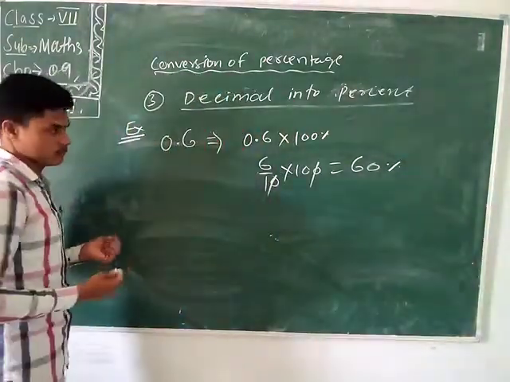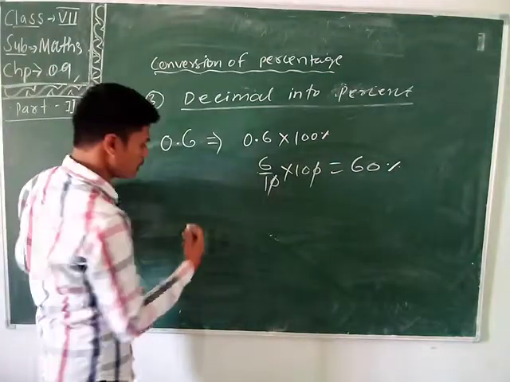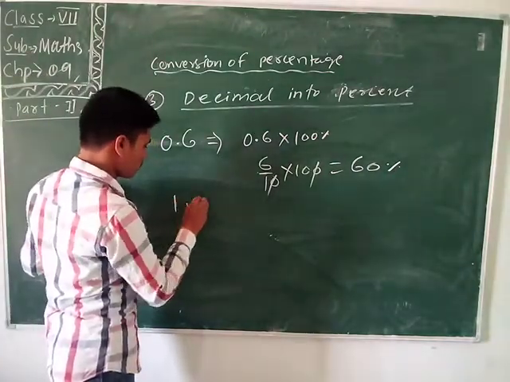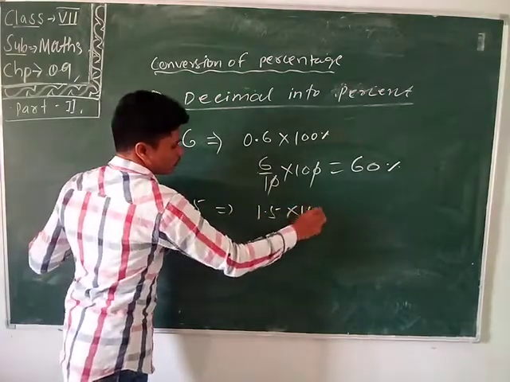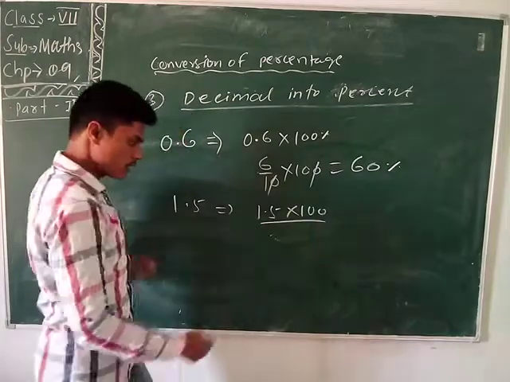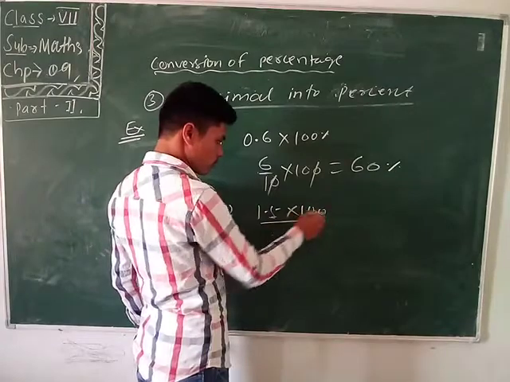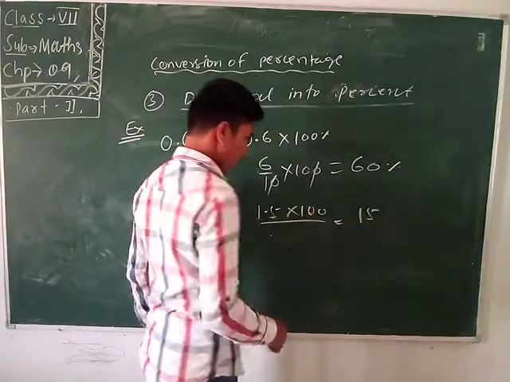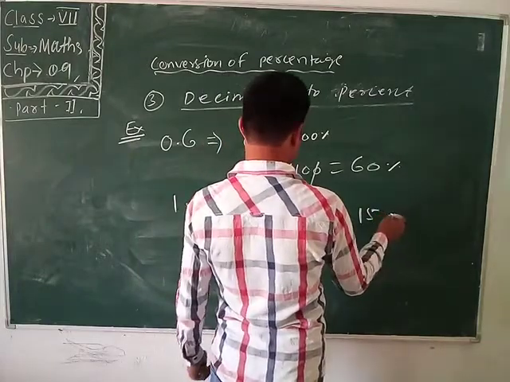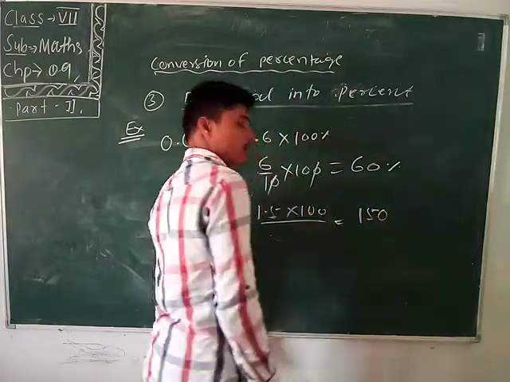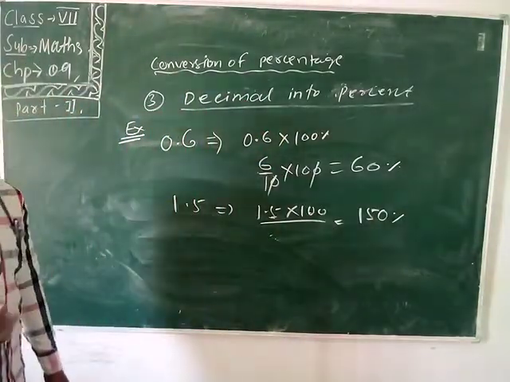When we convert decimal into percentage, multiply by 100. Take 1.5. After the decimal there are two numbers, so it is 100 directly: 150%.